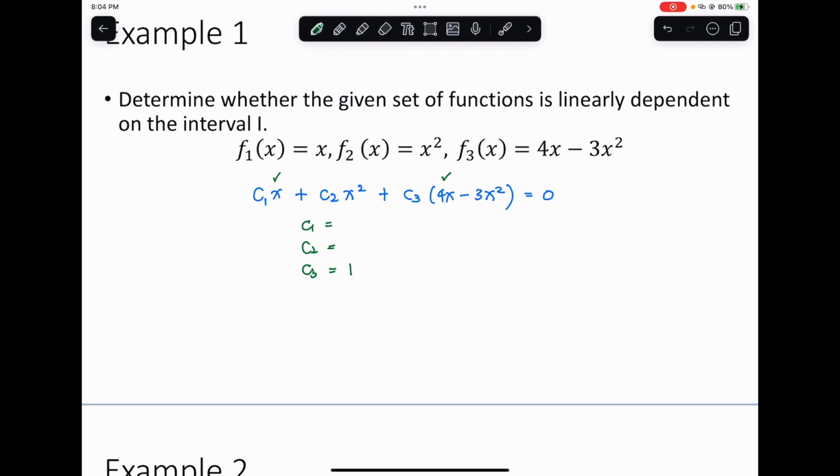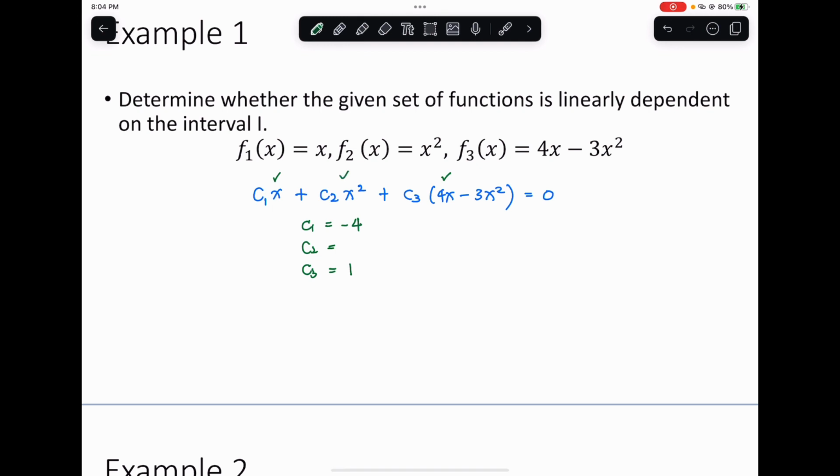However, what I have here is x multiplied with c1. So if I make this negative 4, that would cancel out the 4x. Negative 4 times x would be negative 4x, and c3 is 1, so 1 times 4x is positive 4x. That makes it 0. Similarly, c sub 3 is multiplied with negative 3x squared, so that would make it negative 3x squared. To zero that out, I should have a positive 3x squared.